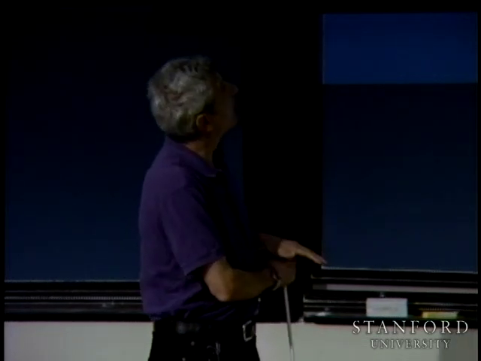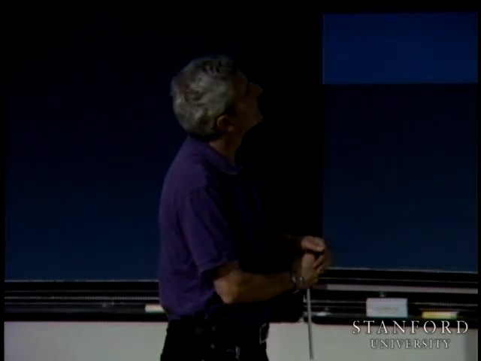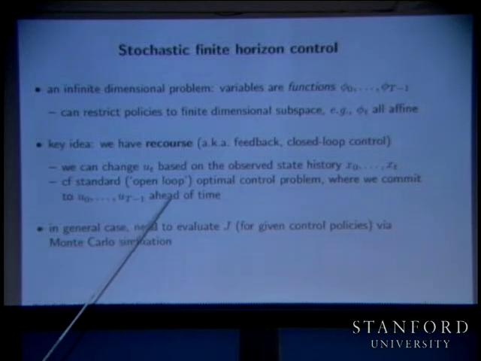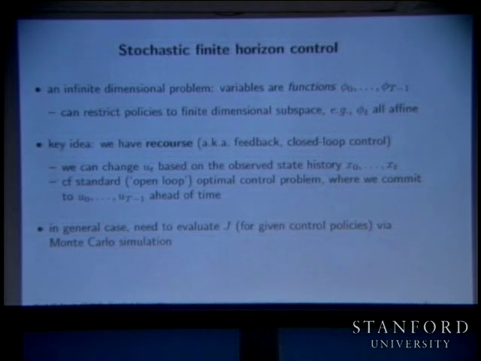And in fact, in a finite horizon one, it's a finite dimensional problem. It might have some random variables and be a stochastic optimization problem, which some people would have you think is hard. But it's still just an optimization problem. So instead of feedback or closed loop control, this would be called open loop.